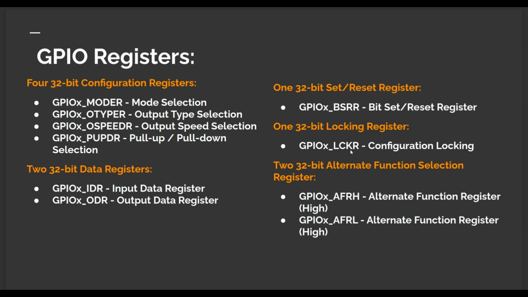We have the locking register, that is one 32-bit locking register, where we can lock the configuration, so that if some bug is there in our program, it will not unintentionally change the configuration of the input and output. Then two 32-bit alternate function selection registers. So we can change the function of the GPIO pins and the port by accessing these registers. We have the alternate function register high and alternate function register low.